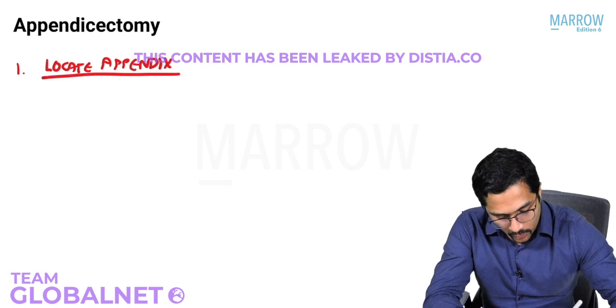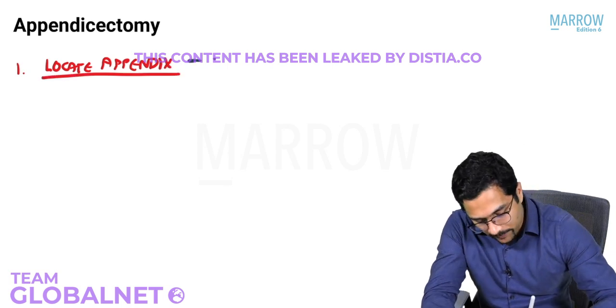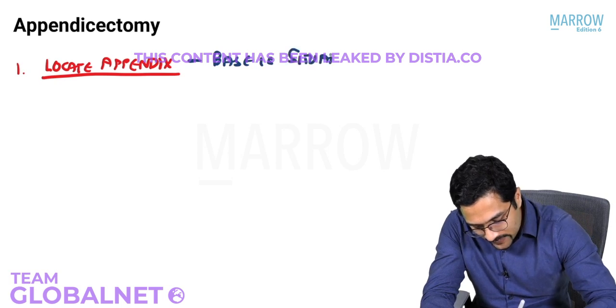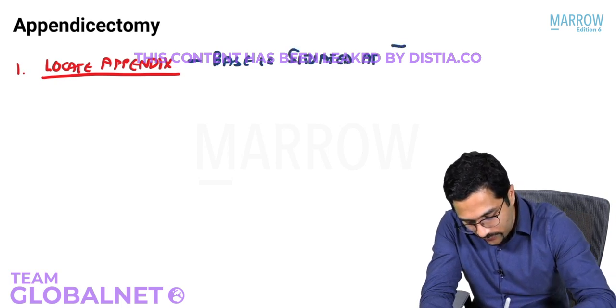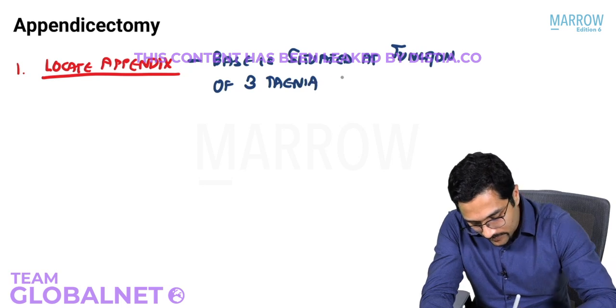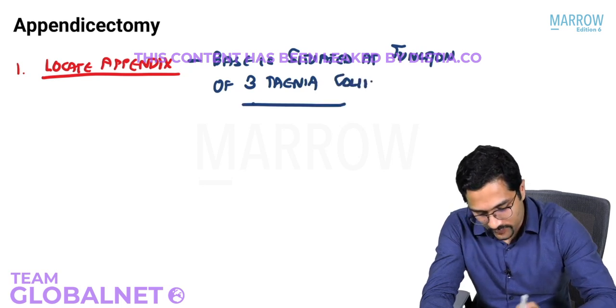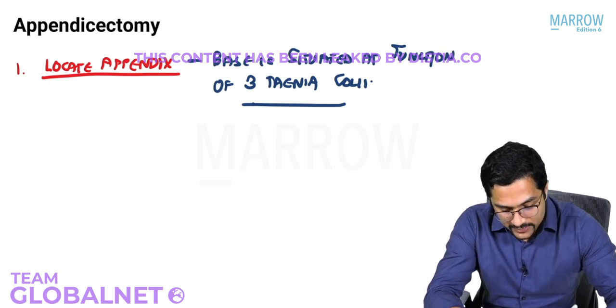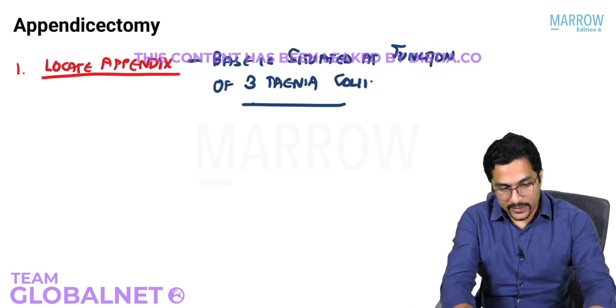In the starting of the module, I told you that the base of the appendix is situated at the junction of the 3 tinea coli. That's a constant location for the base of the appendix. So that is how you locate the appendix.